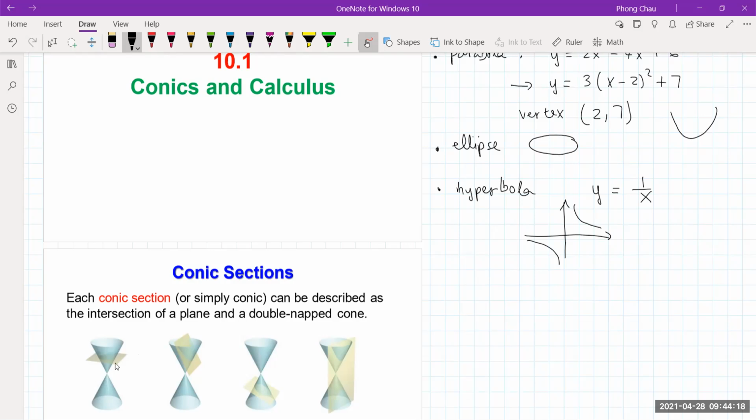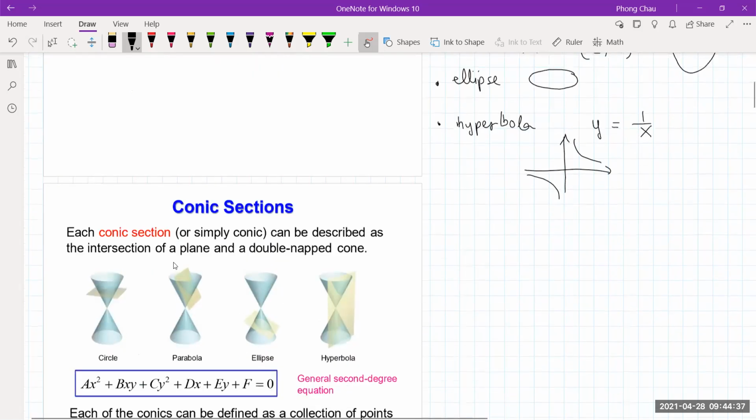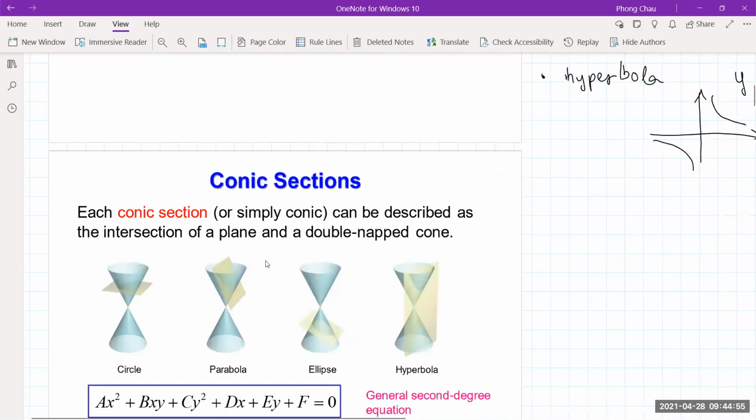Now, the circle: if you take the plane and cut it horizontally, then the cross section here is precisely a circle. If you have a plane that cuts at an angle parallel to the opening of this cone, you get the cross section right there. It is a parabola, isn't it?